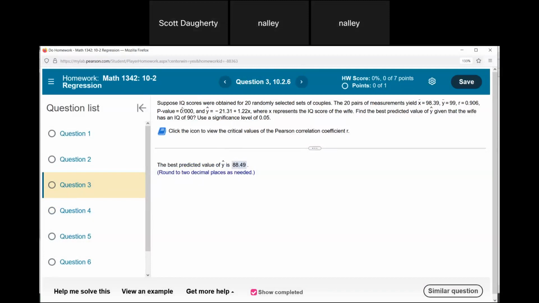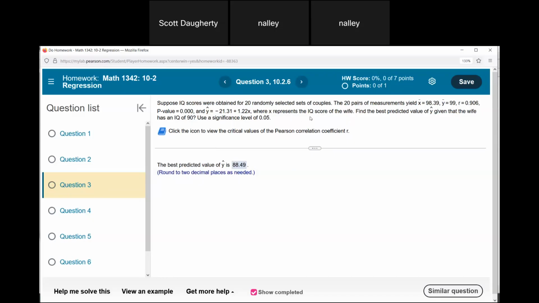So in this one, what they did is they said IQ scores were obtained for 20 randomly selected sets of couples. So I guess married couples, okay? And so you've got pairs of people here, right? You've got the couples' IQ scores. There's 20 of them, and one of them is x and the other is y. I don't know exactly how they separated the two.